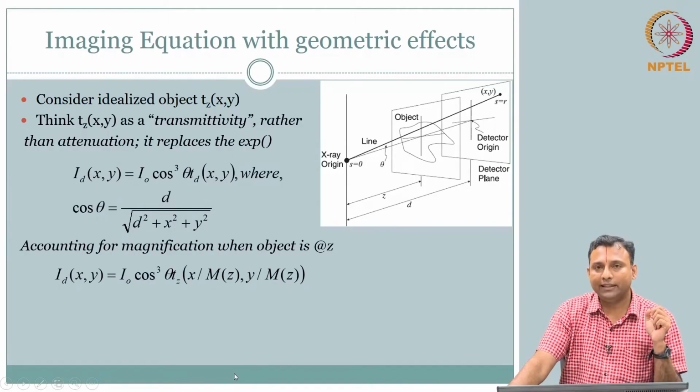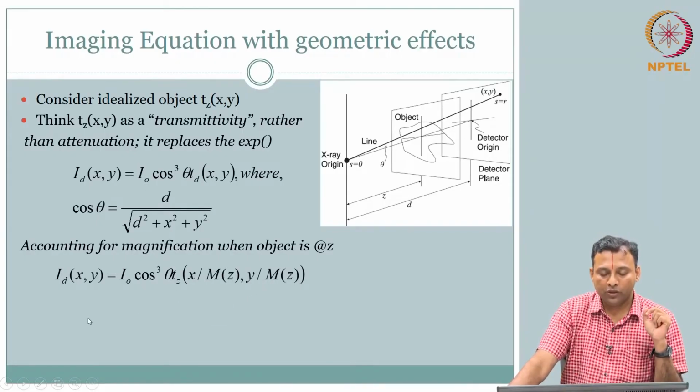So what you see at the detector is a magnified version of what is there at location z. Clear? So that is why we wanted to collapse it into an ideal object, so that it is easy to write this out.